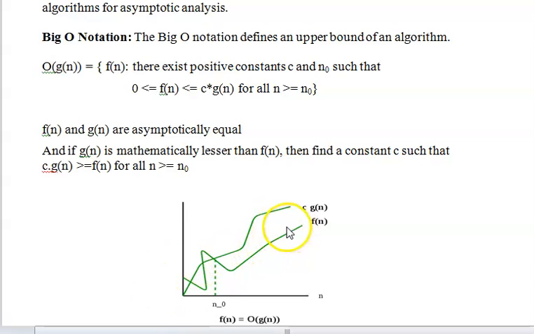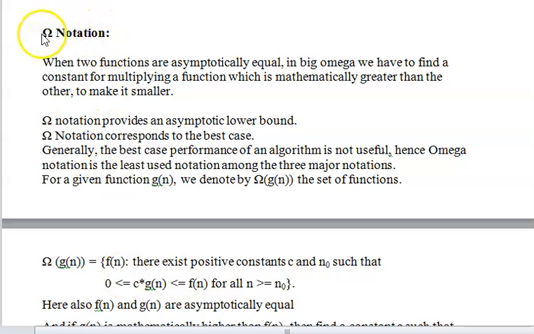This method is used only when the two functions f(n) and g(n) are asymptotically equal or approximately equal.